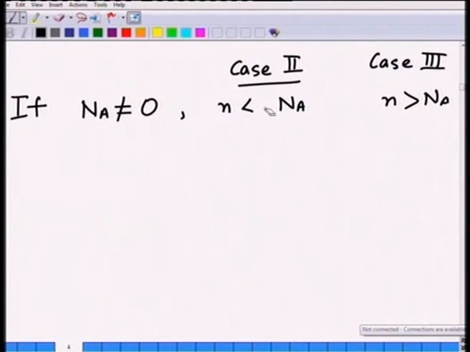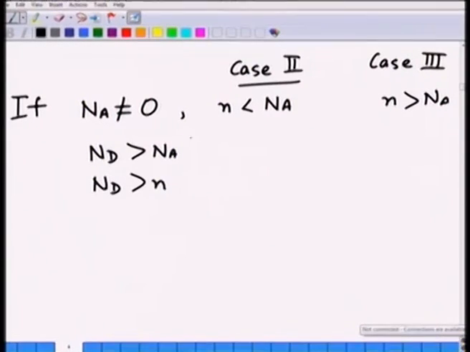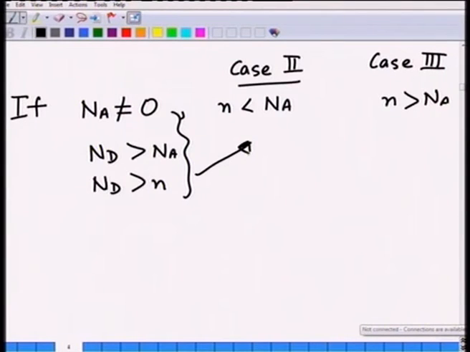Remember it is always true that Nd is the most dominant one, Nd is greater than Na, and Nd is greater than N also. So, the only question is between N and Na, which one is bigger. In case 2 we will consider N less than Na, in case 3 we will consider N greater than Na, and we will see the consequence of this.